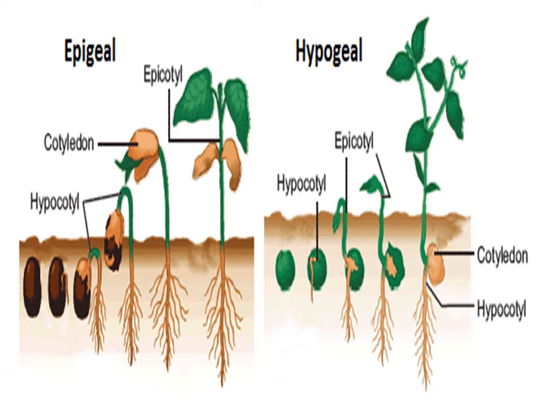Seed germination is a process by which the seed embryo develops into a seedling. Here you are watching on your screen seed germination, and there are different kinds of seedlings. During germination, the embryo soaks up water, which causes it to swell, splitting the seed coat. In the first step, the seed coat will split.